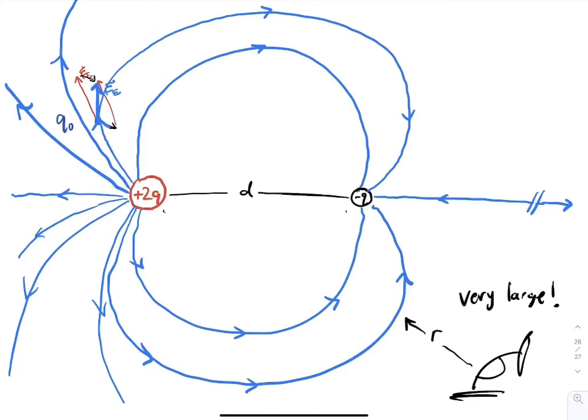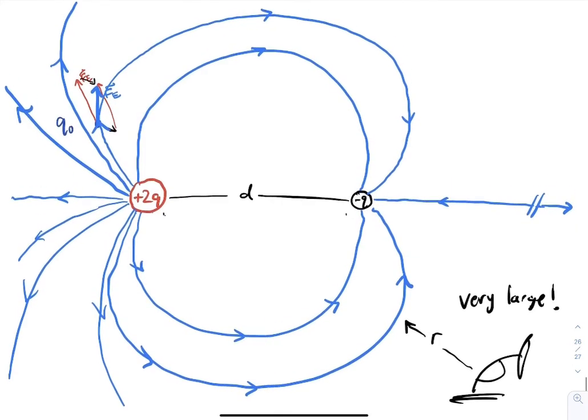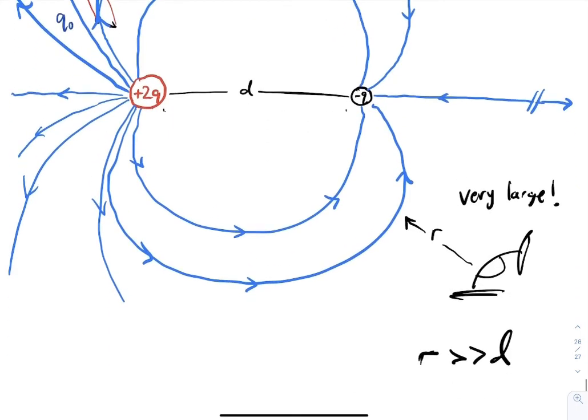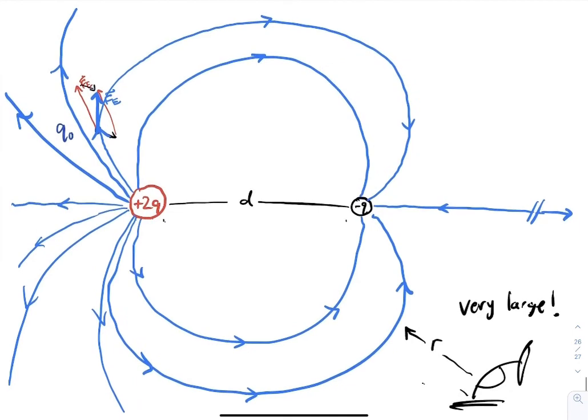All it will see will be the net charge of the system. Well, if we add +2 to -1, we get +1. So when we get far enough away, this should look like just a positive Q charge electric field, which should be all radial lines pointing away.